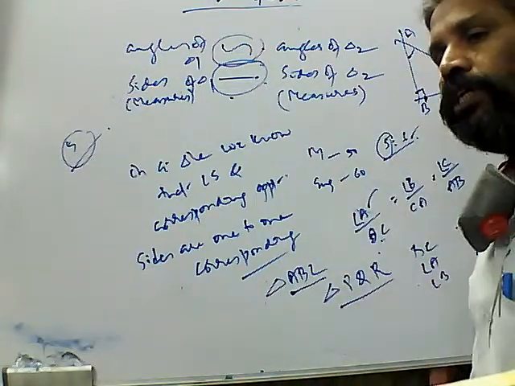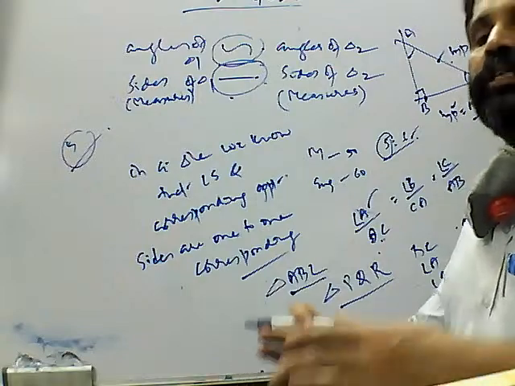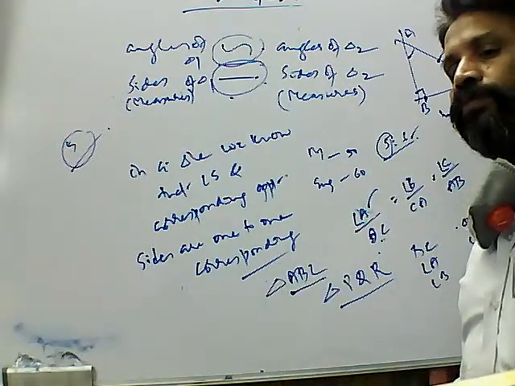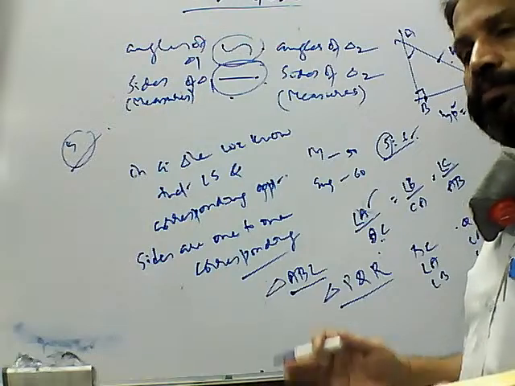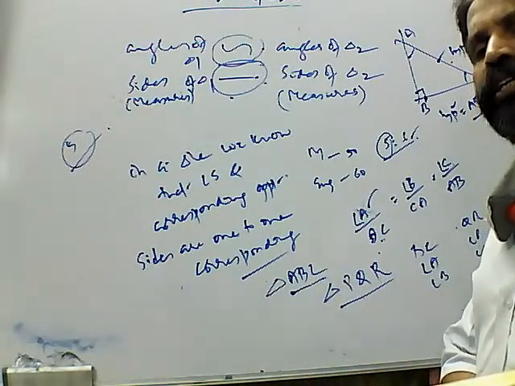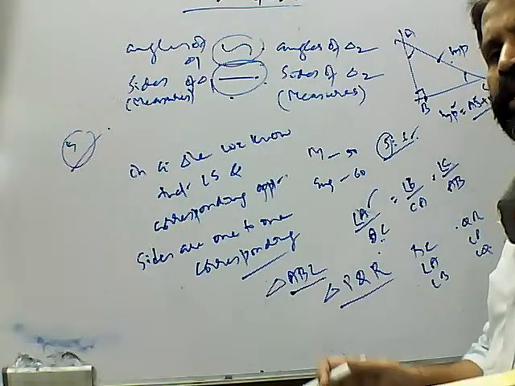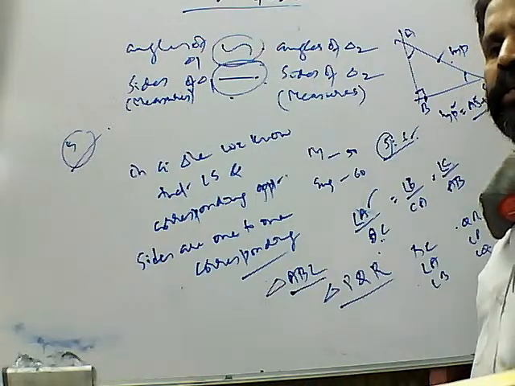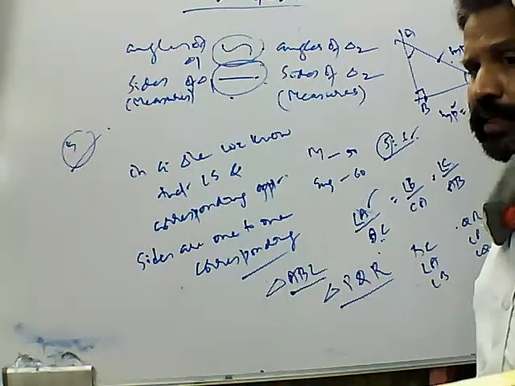Now, before going to what is actually congruency applied to triangles, you know there are triangles classified with respect to 3 sides: scalene triangle, equilateral triangle, isosceles triangle. And with respect to the angles: acute angle triangle, obtuse angle triangle, right angle triangle.